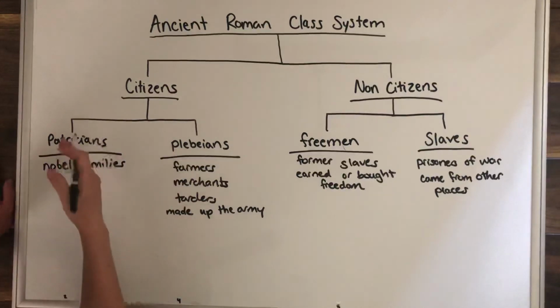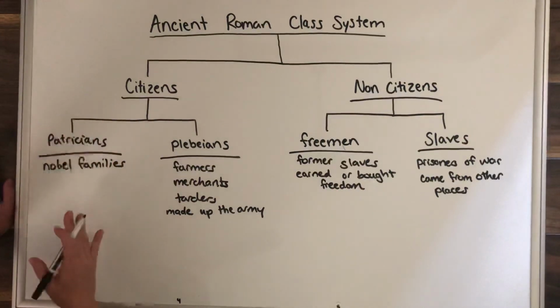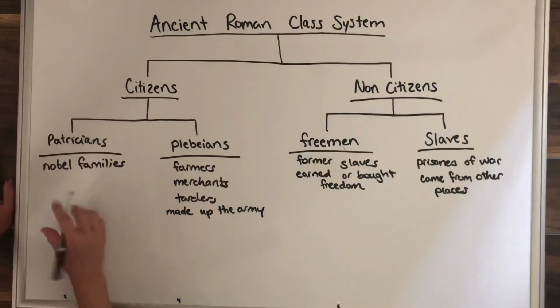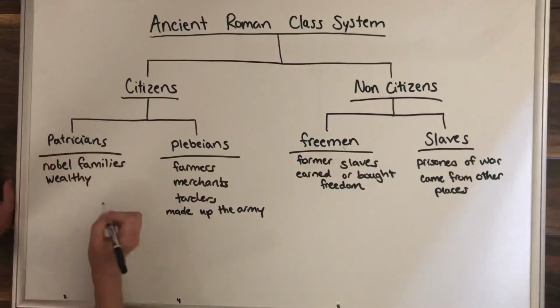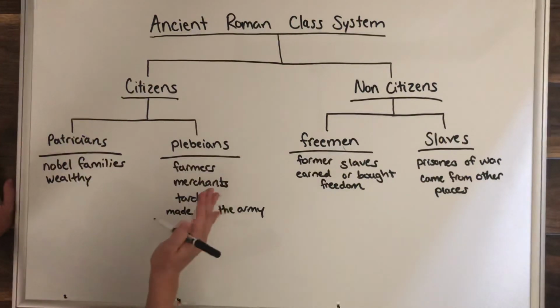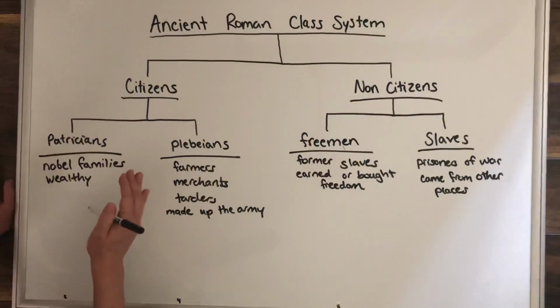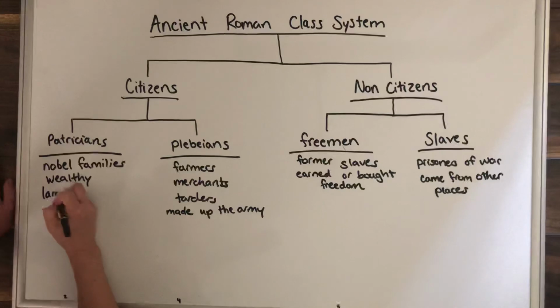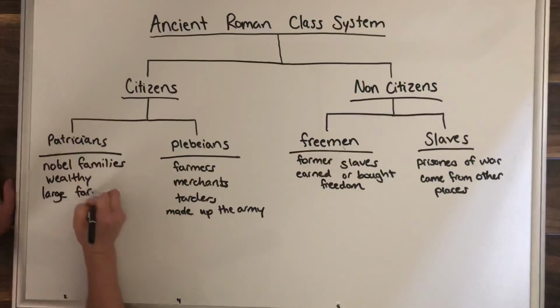Usually when you're born into one class, you stay there, you marry within the class, you don't go outside of the class. Now later that changed, but for now we're here. They were very wealthy. They owned a lot of land that the other people worked. They own large farms.